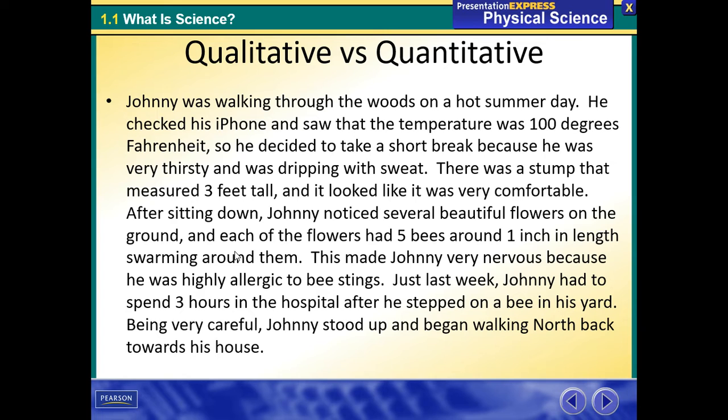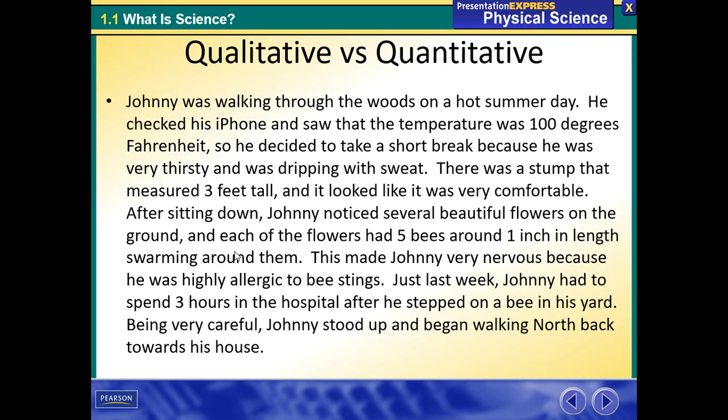So here I've taken a little paragraph and I've posted it in here to look at different things of qualitative versus quantitative. It says Johnny was walking through the woods on a hot summer day. He checked his iPhone and saw that the temperature was 100 degrees Fahrenheit, so he decided to take a short break because he was very thirsty and was dripping with sweat. There was a stump that measured 3 feet tall, and it looked like it was very comfortable.